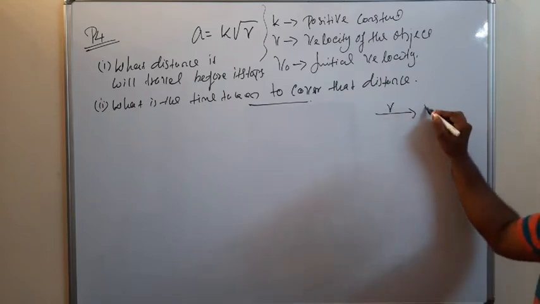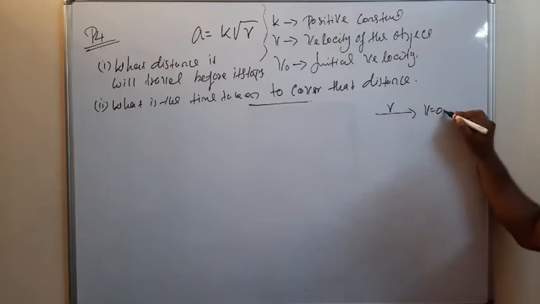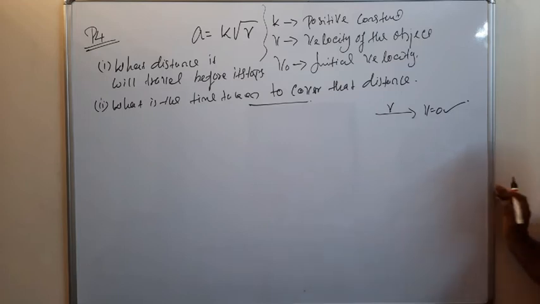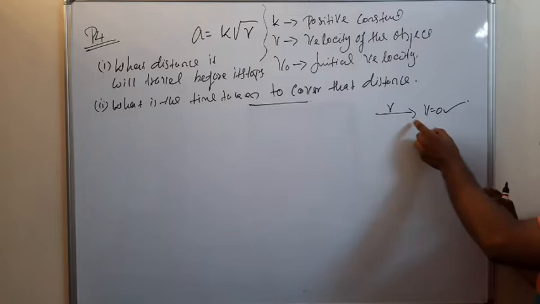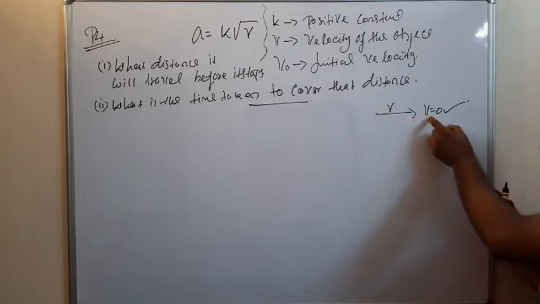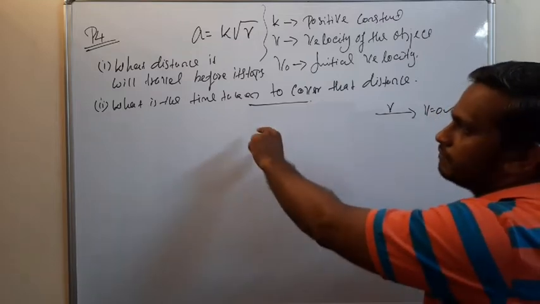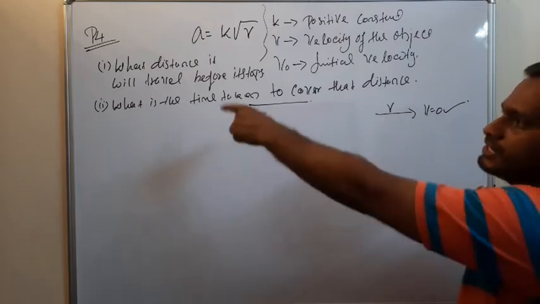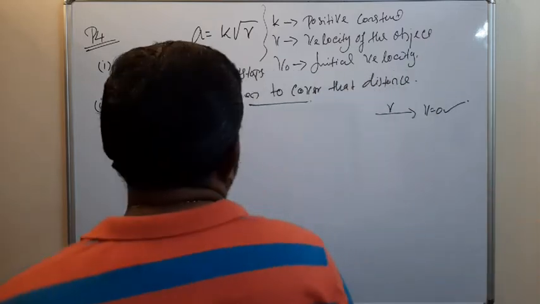When it stops, when it comes to rest, the velocity is equal to 0. That condition we will use. At that time, when the velocity becomes 0, how much distance will it travel? That we have to find.